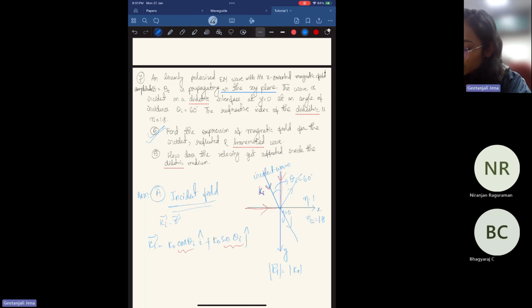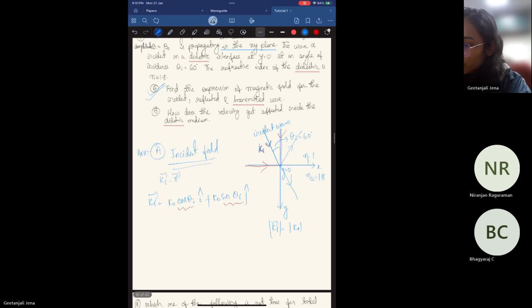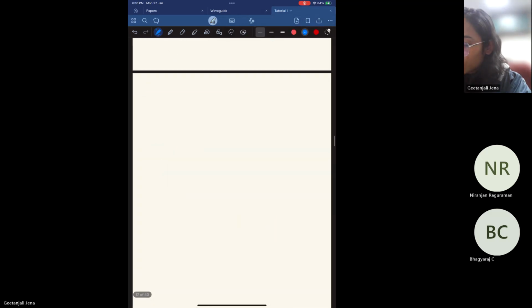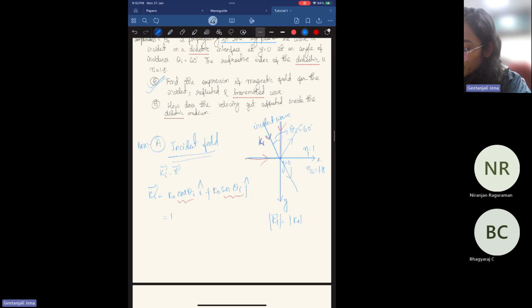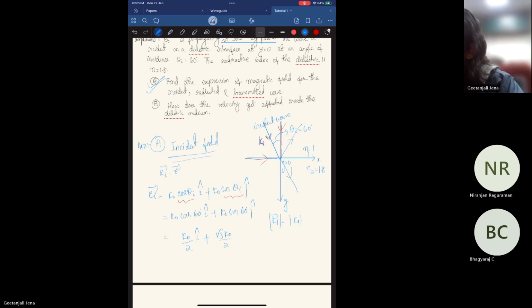So that means if theta is 60 degrees, it will be K0 sin 60. So this will be K0 by 2 i cap plus root 3 K0 by 2 j cap.